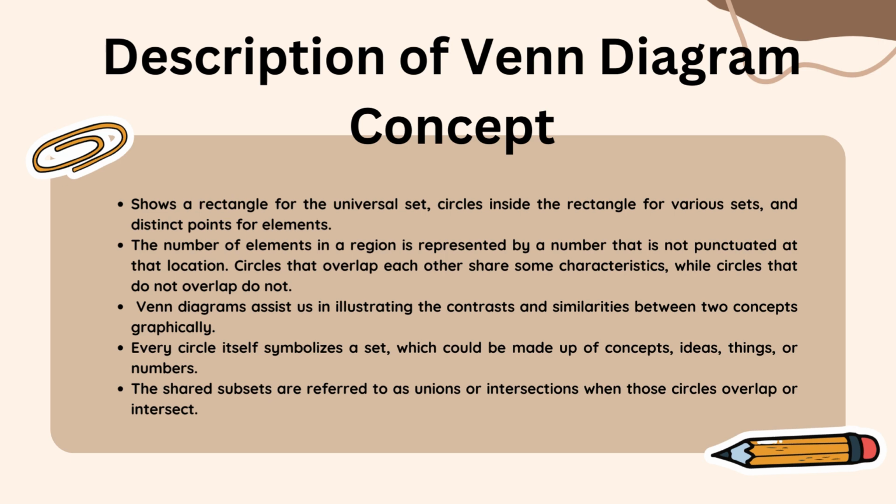The shared subset is referred to as the union or intersection when those circles overlap or intersect. Differences between sets arise from areas that do not overlap, and everything that is not shared by a certain set or subset is referred to as the complement set.